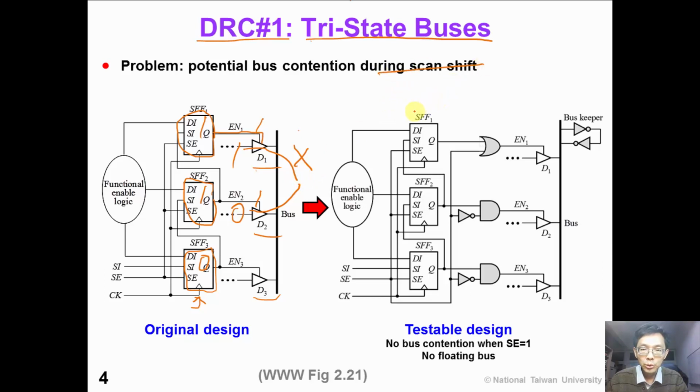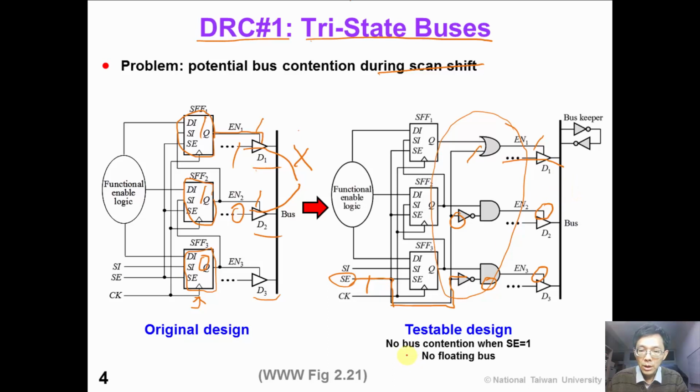So what should we do? We can simply repair the design in this way. We insert some extra logic so that when scan enable is 1, we make sure that driver number 3 is not driving and the driver number 2 is also not driving. Only driver number 1 is driving this bus.